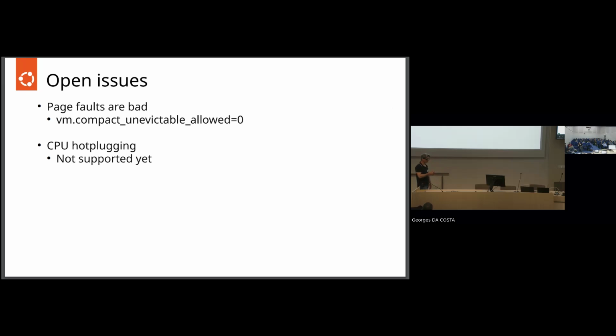There's still a problem though, and I don't know if any of you have some good suggestion. There is this compact_unevictable_allowed setting. If it's set to 1, kcompactd would try to reclaim unevictable memory.